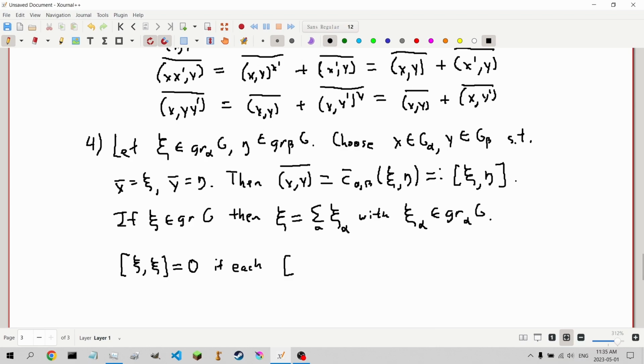So we just need that each Xi alpha cancels out with itself, and that the off-diagonal elements, Xi alpha with Xi beta, are going to cancel each other out by anti-symmetry.